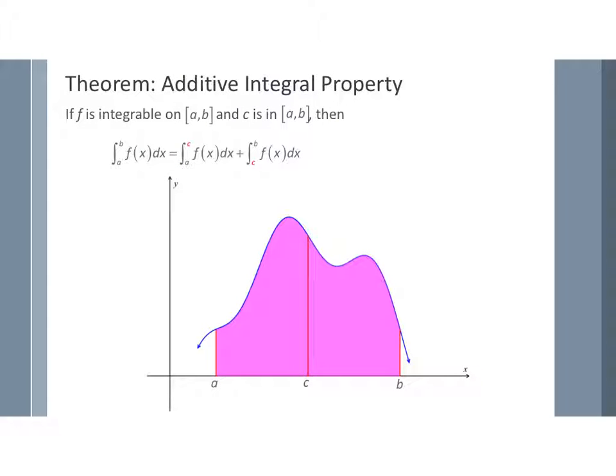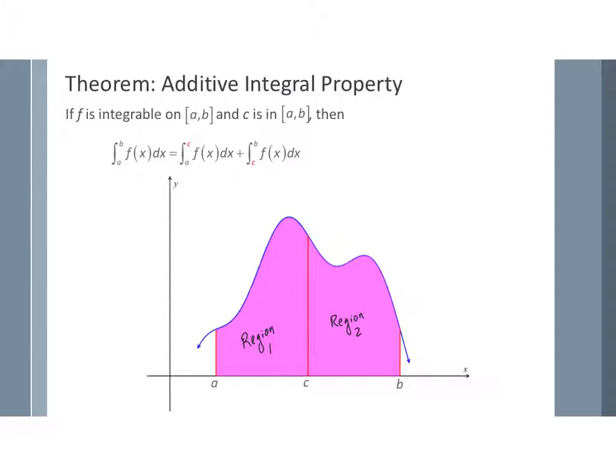Now, another important property is that if we have an integrable function on an interval from a to b, and c is somewhere in the middle, then we can break up our integral as two separate integrals. So if you think of this conceptually as an area, then if I think of region 1 and region 2, it makes sense that if I add those two areas together, I get the total area from a to b.